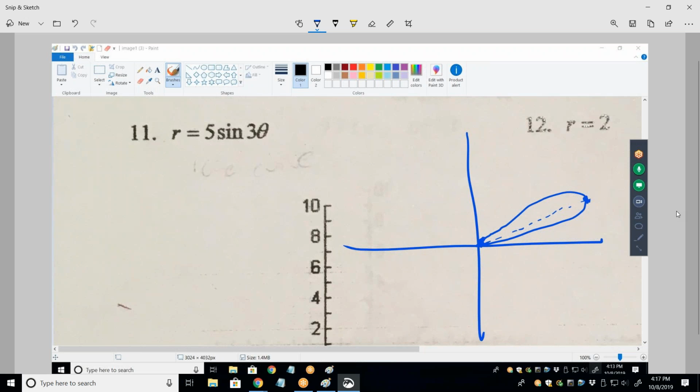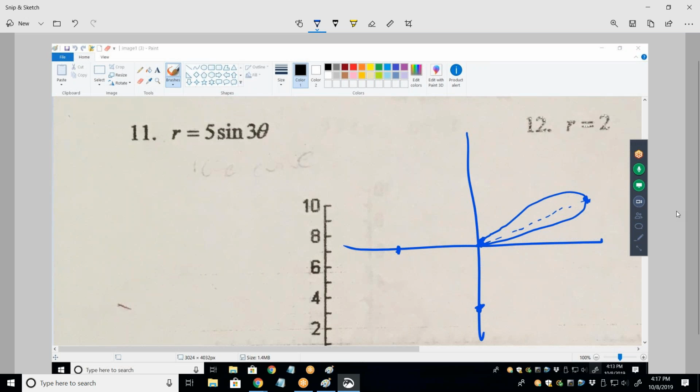Let's see, we know we have 3 petals. If I could figure out what this point is and this point, then I'll know how to draw the rest of this thing.